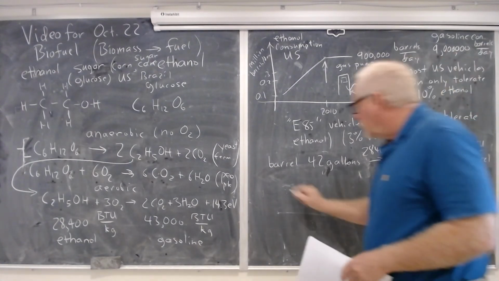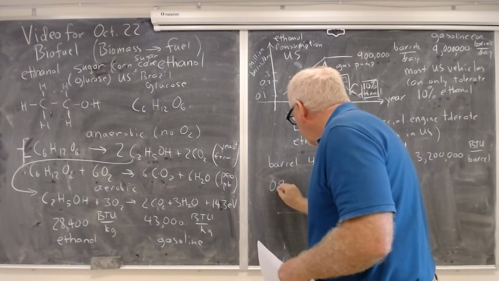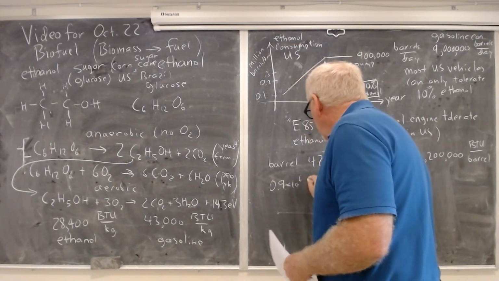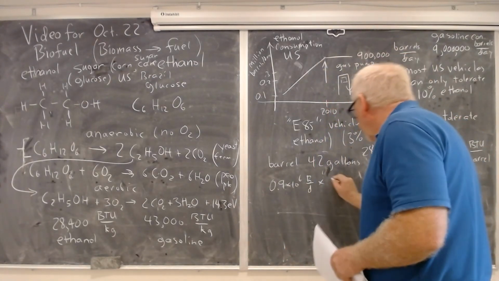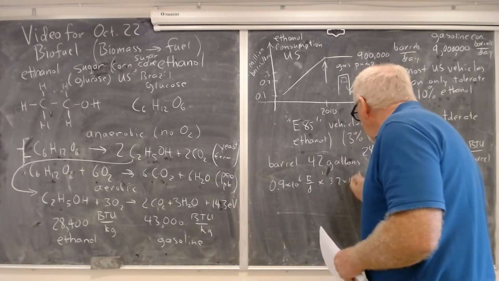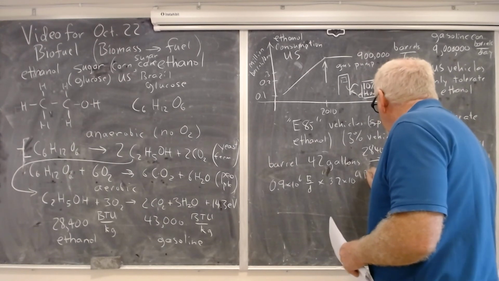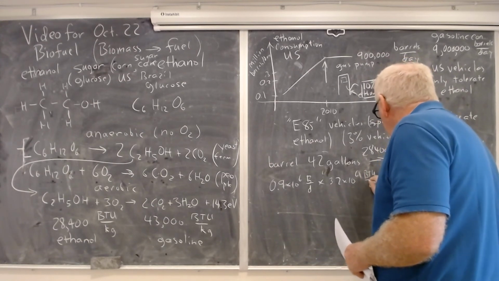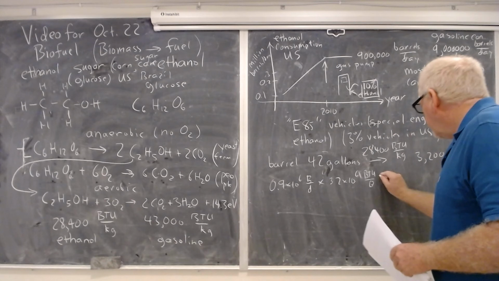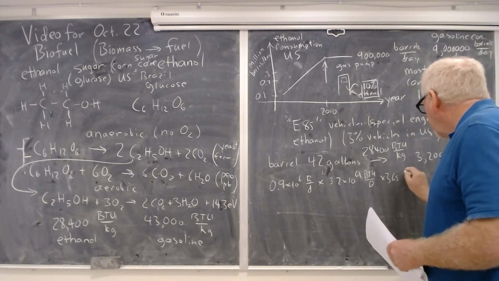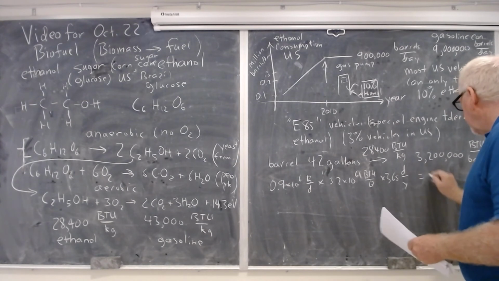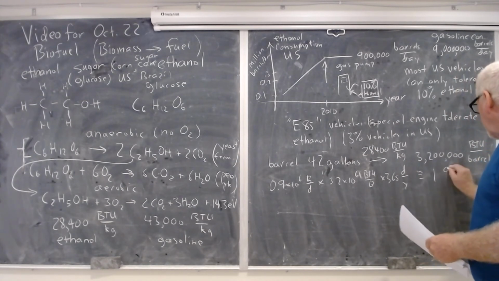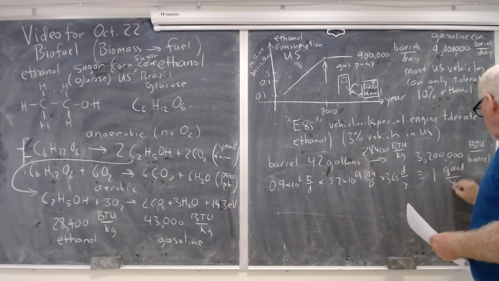All right. So if we have 0.9 million barrels per day times 3.2 million BTU per barrel times 365 days per year, it works out to around 1 quad per year.